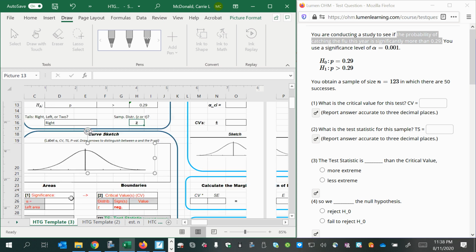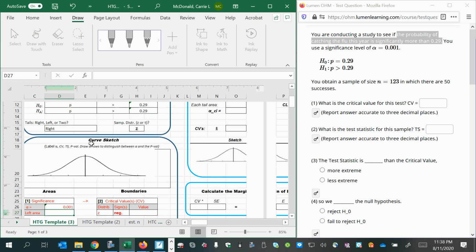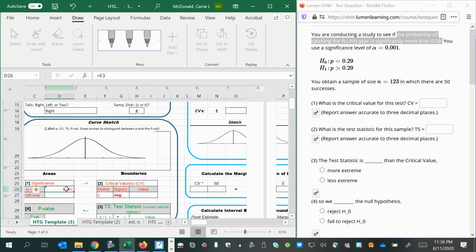And when we make our curve for a right-tailed test, I'm going to have my alpha entirely contained on one side of the curve. So my alpha that was given was 0.001, my significance level. And that area is fully contained on the right side. And so my left area would be 1 minus that.